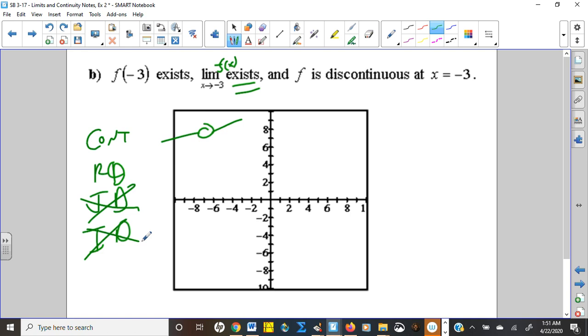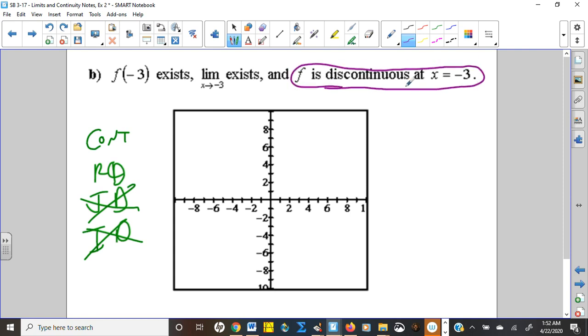So we are already down to just 2 possibilities: continuous or removable. And we very quickly decide which one, because they tell us in this last little step here that f is discontinuous at -3. Well, if it's discontinuous at -3, it can't be continuous.